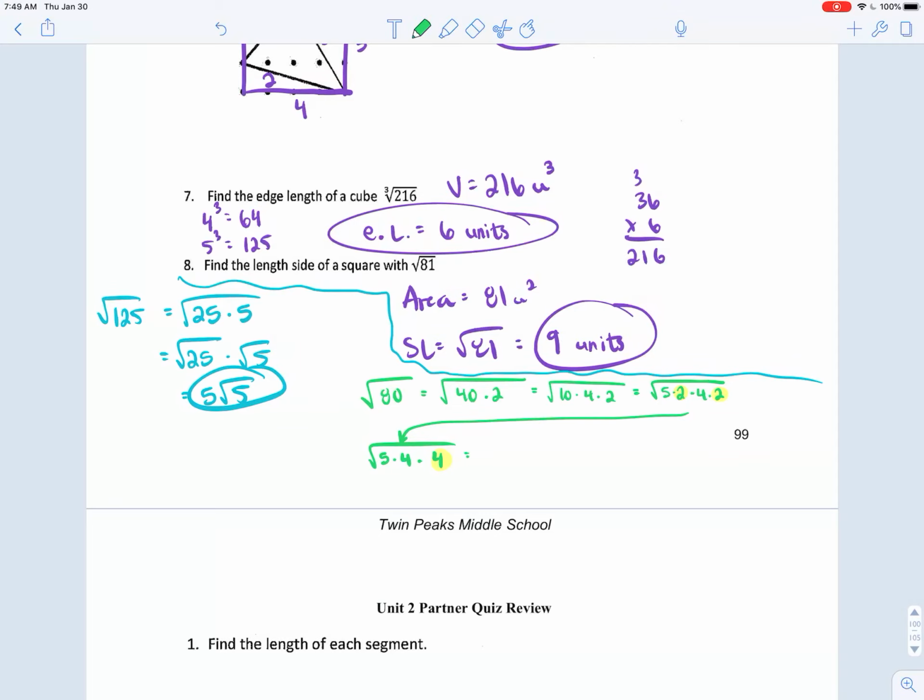Now I can rewrite this like this. So I have the square root of 5 times the square root of 4 times another square root of 4. So if I rewrite it again, I have square root of 5 times 2 times 2. 2 times 2 is 4. And then 4 times the square root of 5, we can write like this.